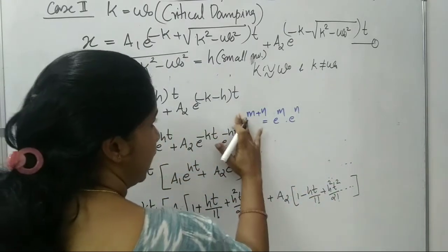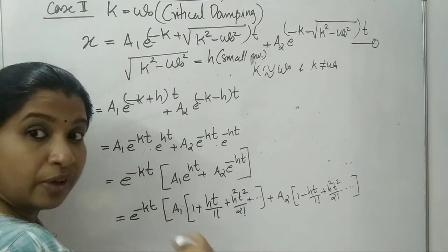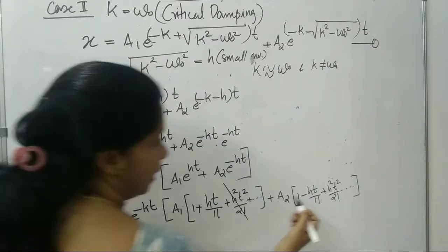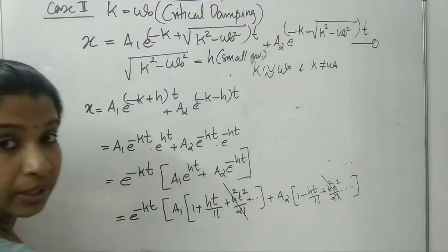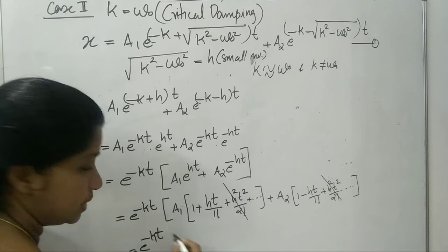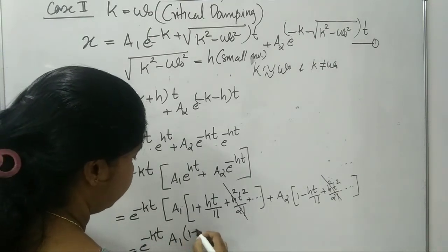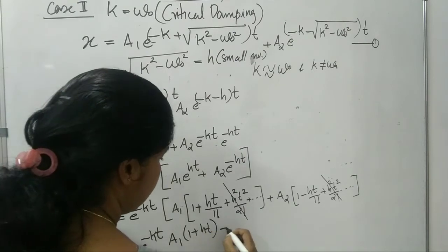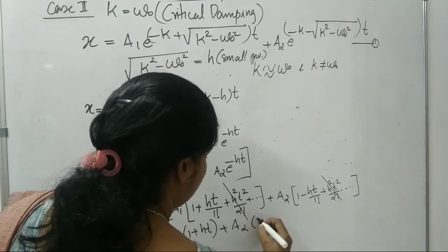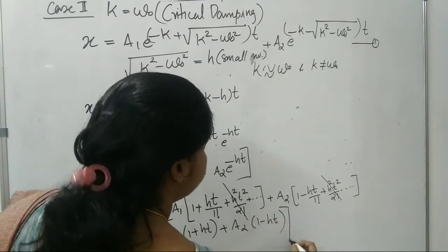So higher powers can be neglected because h square is very small. So we can neglect the higher powers in the two terms. So the remaining term consists of e raised to minus kt into a1 into 1 plus ht plus a2 into 1 minus ht. Then open the bracket.